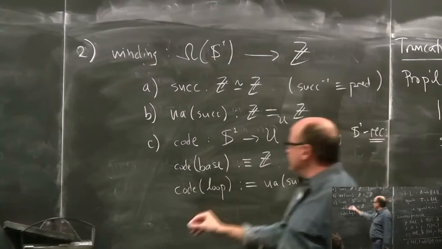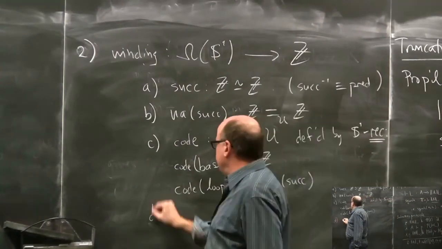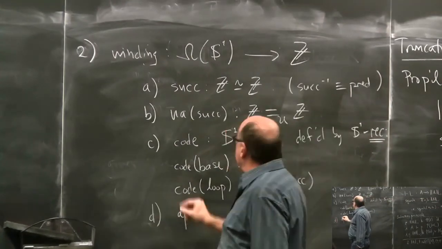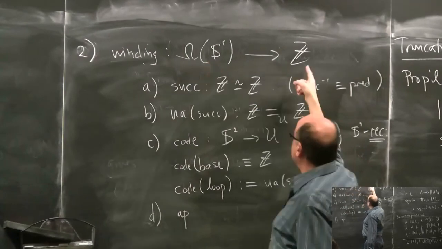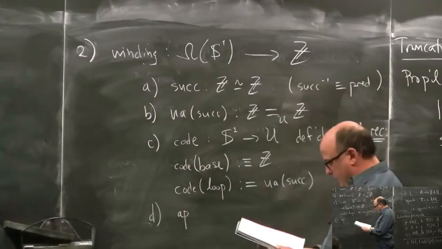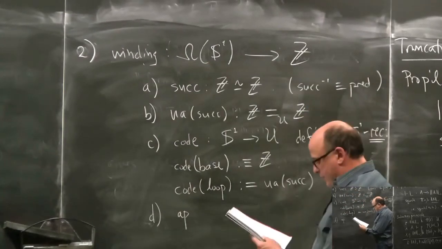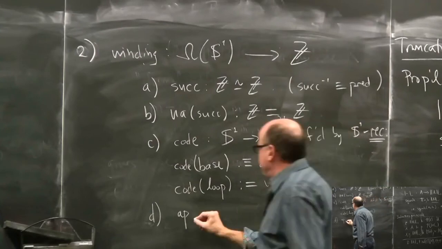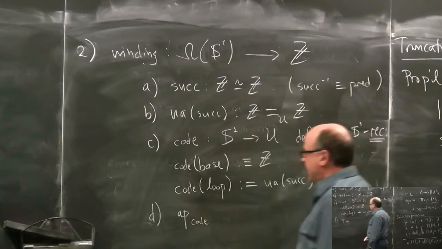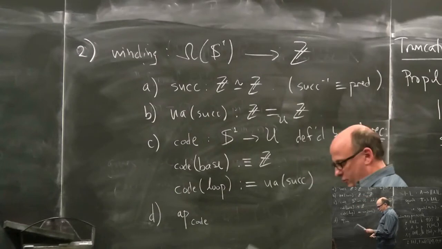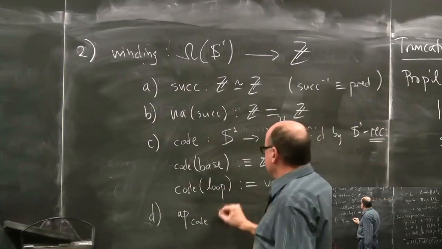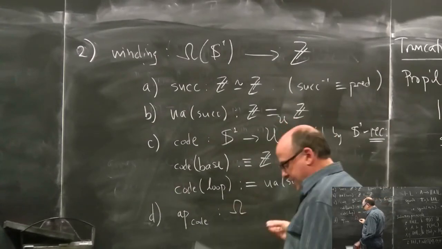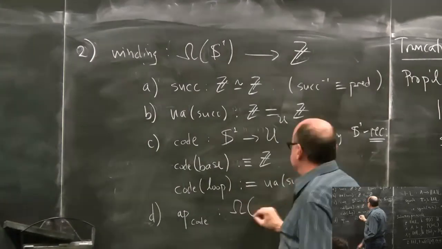Okay, so that gives us that. We're going to use code in a minute. But the important thing is, remember, we're trying to get over to here. So what we're going to do here is we then take app of code, the action on paths of code. What is that going to be? Well, first of all, let's write down its type. It's going to go from the loop space of S1.